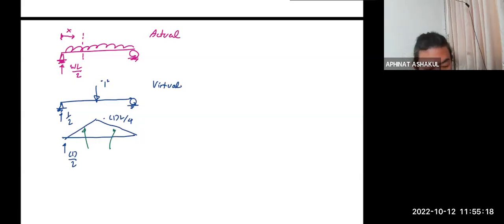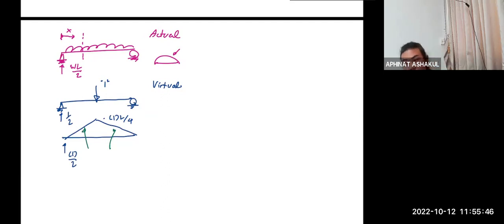But for the actual case, your bending moment diagram is one curve, so it's one equation. So when you see the situation, you need to start planning how you are going to write your moment equation. So here, the actual case is one equation, but the virtual is two.